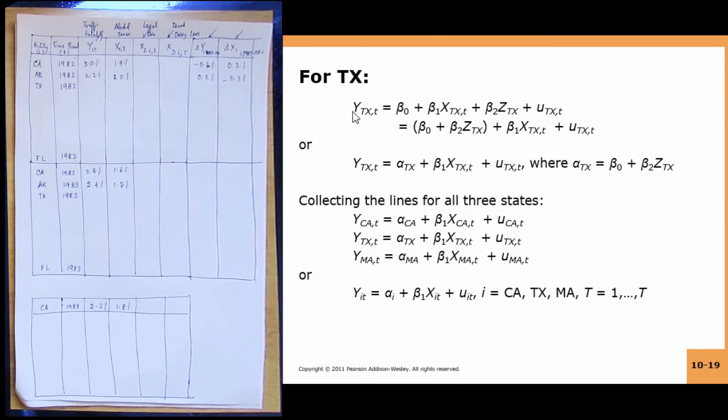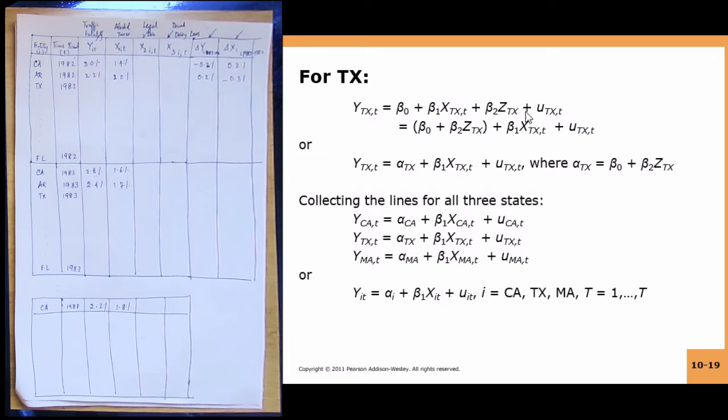If instead of California you take Texas, you have the same equation as above, except wherever it was for California, you substitute Texas. So you have Y_Texas,t equal to beta 0 plus beta 1 X_Texas,t plus beta 2 Z_Texas plus u_Texas,t.